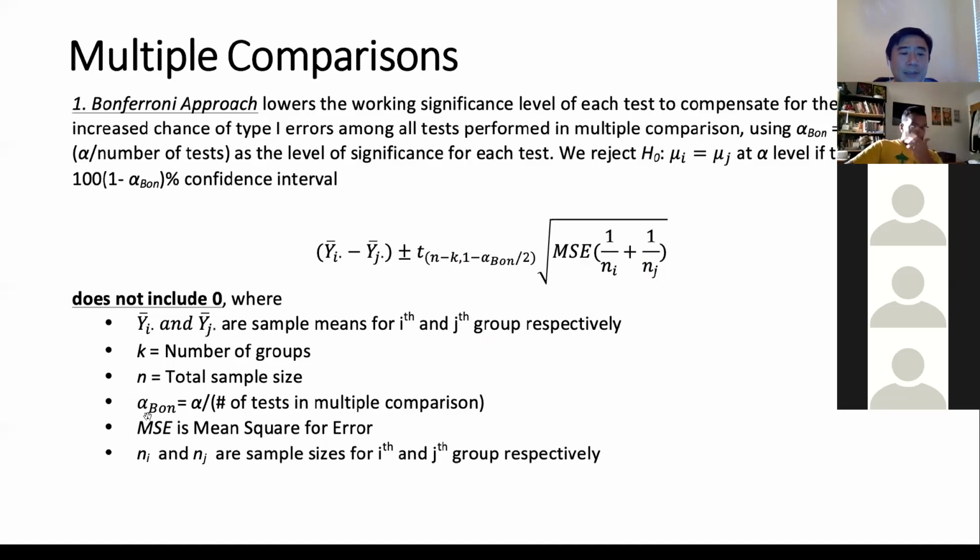The Bonferroni test level is equal to the total test level 0.05 divided by the number of tests. So for example, if you use 0.05 as the test level in a regular test, but the multiple comparison gives you 10 tests, now the benchmark for the p-value is not 0.05, it's 0.05 divided by 10. So that's going to be 0.005.